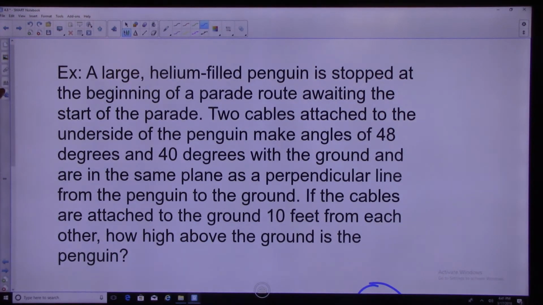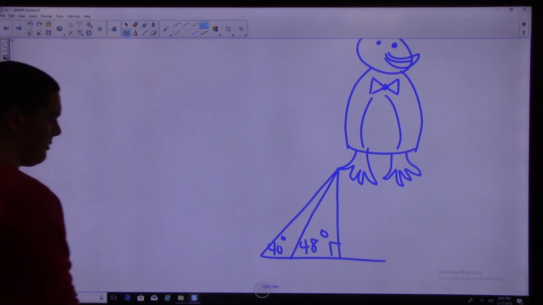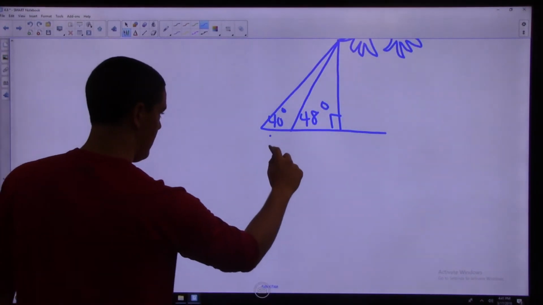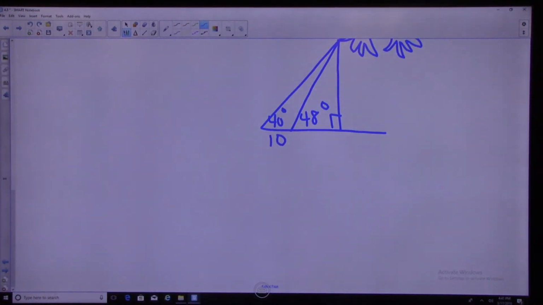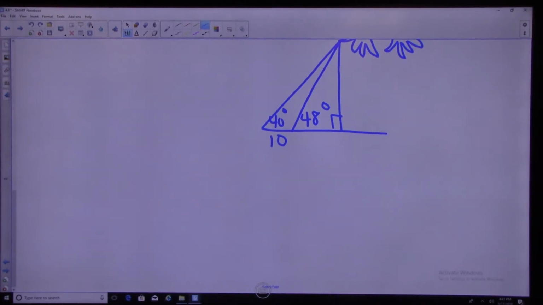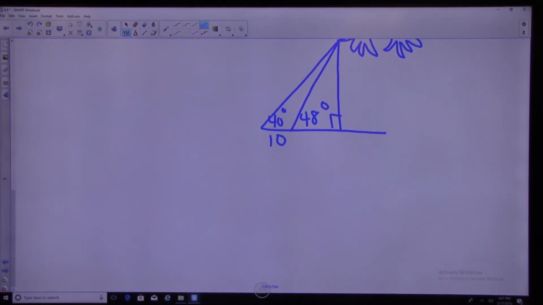They're 10 feet from each other. So let me write that down. This distance is 10. Those cables are 10 feet away. That's all it gives us, just that little segment there, 10 feet.